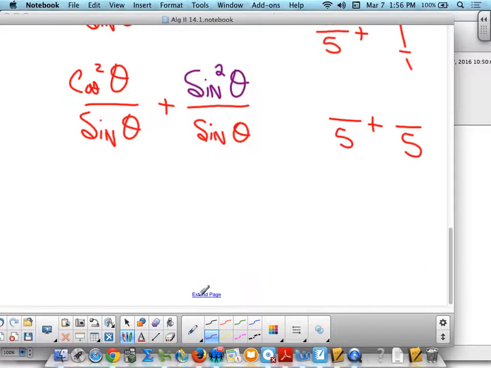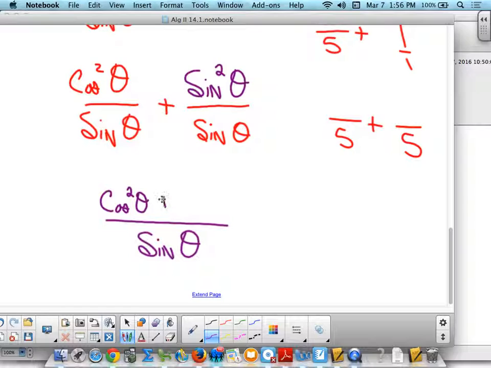Now you have two fractions with common denominators. What would this be on the bottom? When you add two fractions, the denominator never changes. What's the top going to be? Cosine squared plus sine squared over sine.